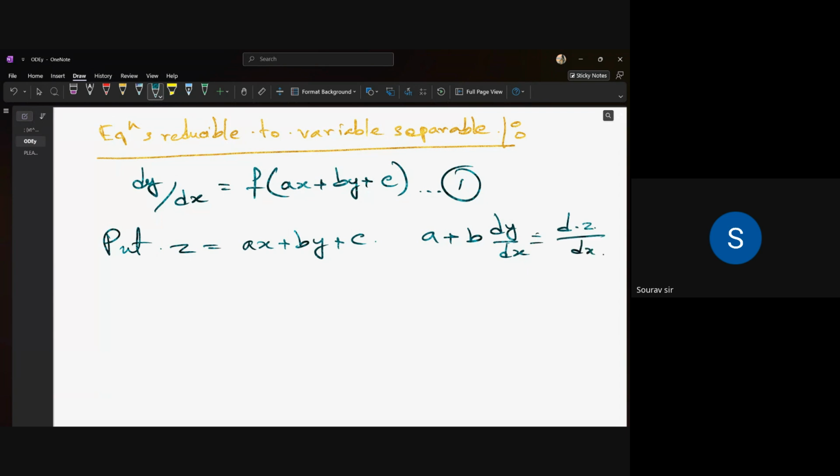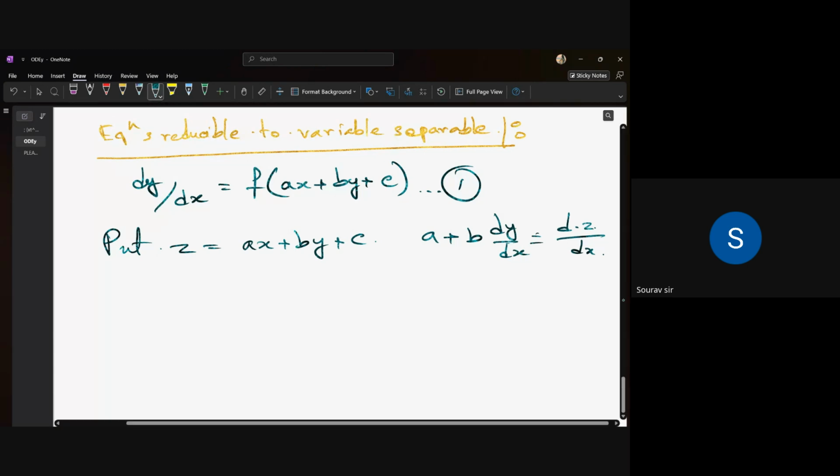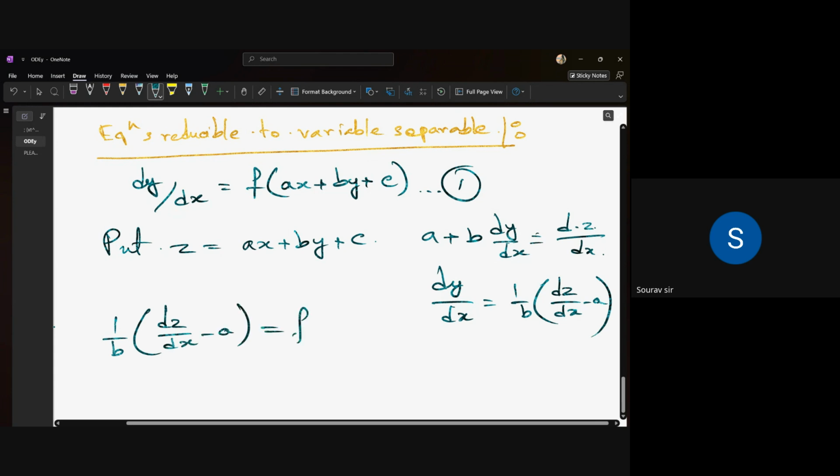Then we are getting dy dx is equal to 1 by b into dz dx minus a. So if we are getting these things, basically we are getting 1 by b dz dx minus a equals f of z.